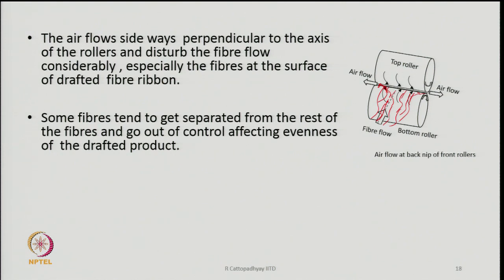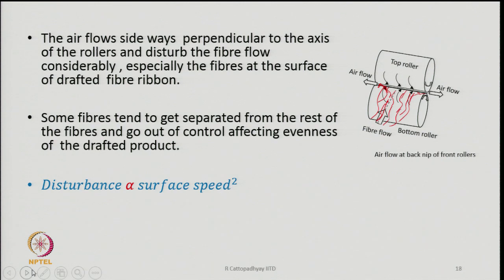Now, if the current is too powerful, then this can disturb the flow of fibers, and as a result it can affect the quality of the yarn also. We want the spinning triangle to be wide, but at the same time we should make sure that it is not too wide, or the fiber arrangement is disturbed by the air current generated because of the rotation of the rollers.